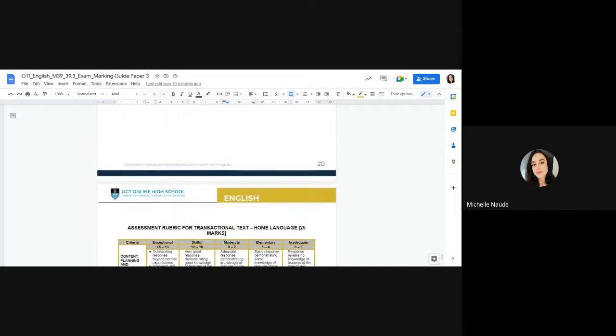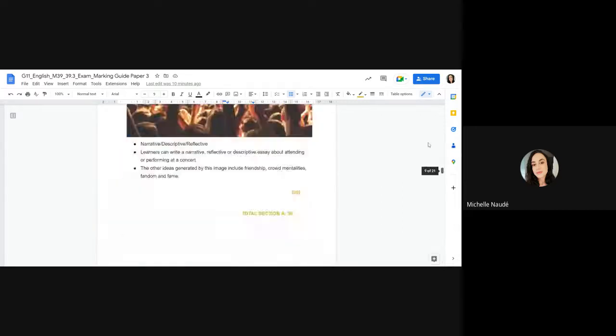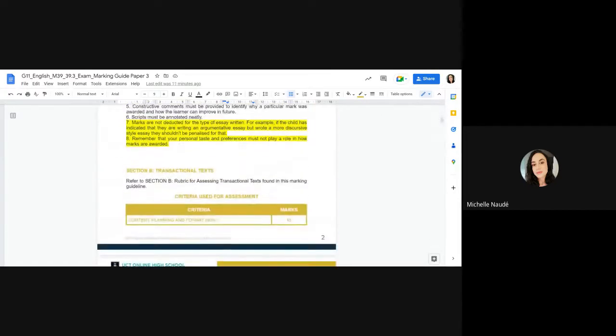I just want to look at a few points at the top of the marking guide that are relevant. All right, so please note, we don't deduct marks for the type of essay written. Let's say that the child's introduction makes it very clear they're writing an argumentative essay, but as the essay goes on, it's actually a bit more discursive. We don't penalize for that, okay? Generally, we expect that the child, based on the topic chosen, will ascertain what kind of essay it could be.